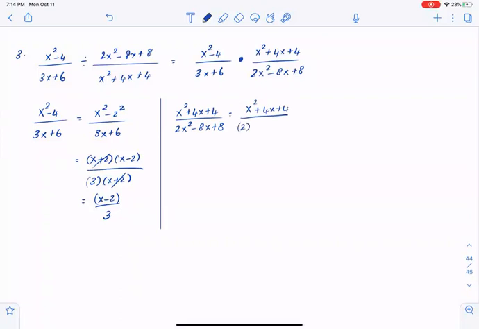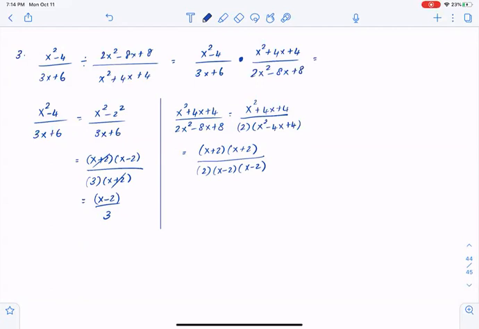So if I pull that out, I will have x squared minus 4x plus 4. The numerator can be factored as x plus 2 times x plus 2. The denominator can be factored as 2 times x minus 2 times x minus 2.